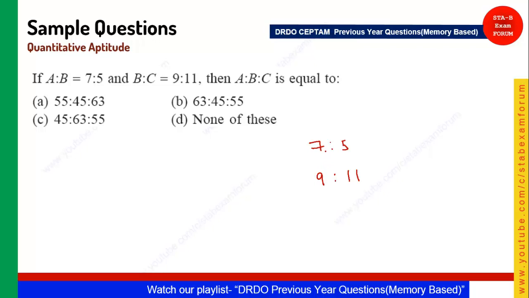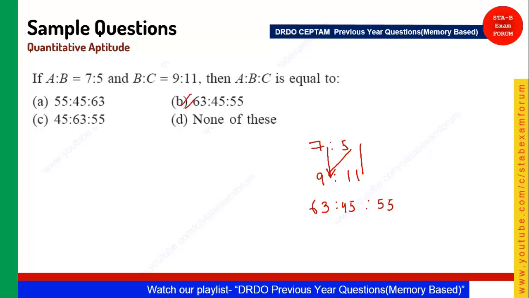You make a calculation like this. First, horizontally like this, 7 9s are 63. Okay, after this cross it, 9 5s are 45, right? After that 5 into 11, 55. Okay, so option B is the correct answer.